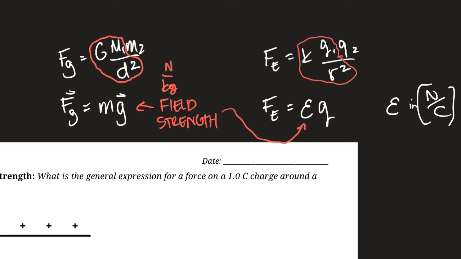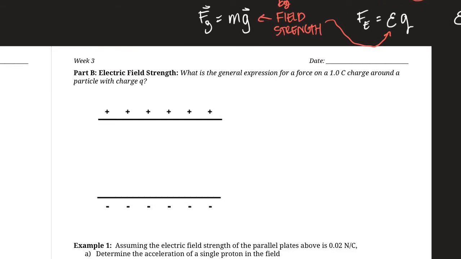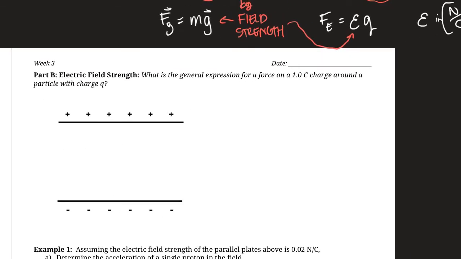So it's basically how many newtons of force are applied to any coulomb of charge in the field. So this equation, if we know the field strength, is going to be a lot simpler to use to calculate the electric force on an object. So right here, that's basically the equation we can come up with.